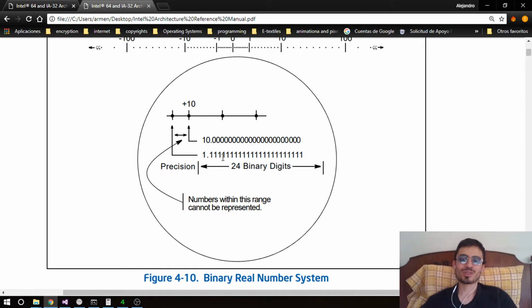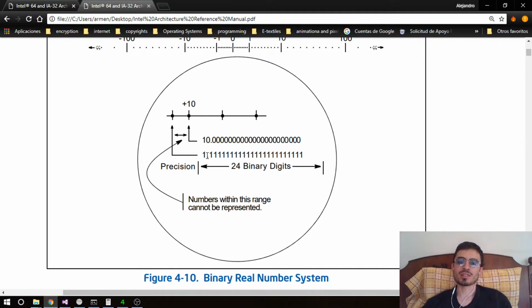This is the integer part and this is the fractional part. The significand is going to express the whole thing, the integer and the fractional part, implying that there's a point between the one integer and the fractional part.